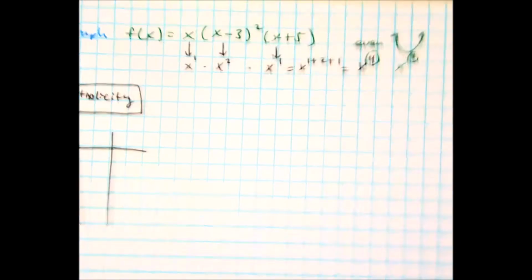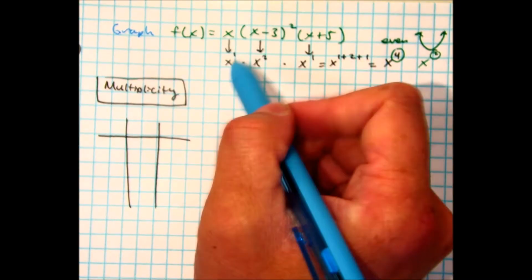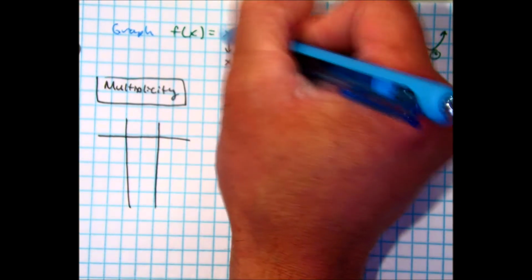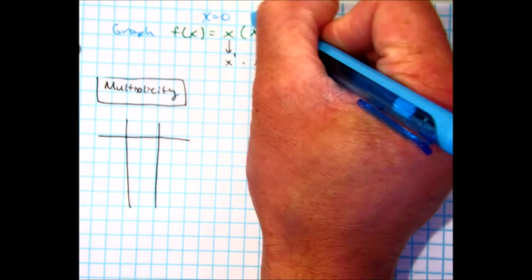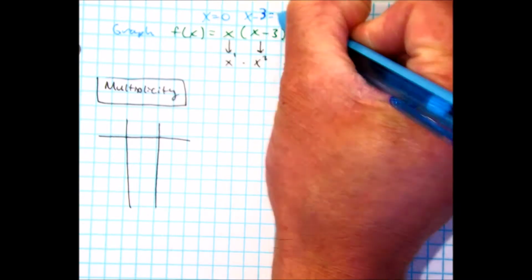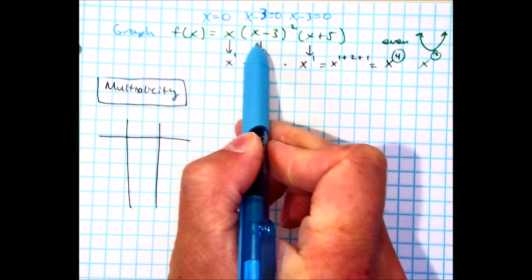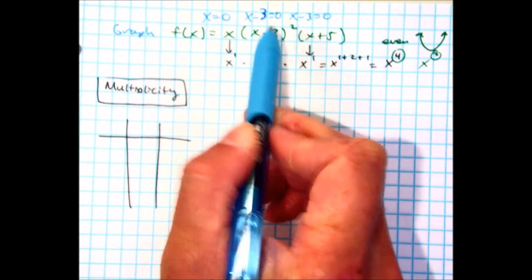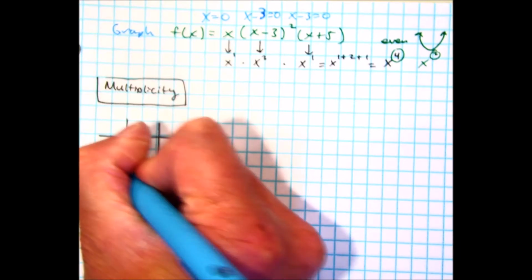To do multiplicity here, I'm going to use the zero product rule. The zero product rule essentially says that each of these equal to 0. X minus 3 equals 0, x minus 3 equals 0. Notice I wrote this twice, didn't I? Yeah. But when I solve it, I already have one here. So the first one says x equals 0.